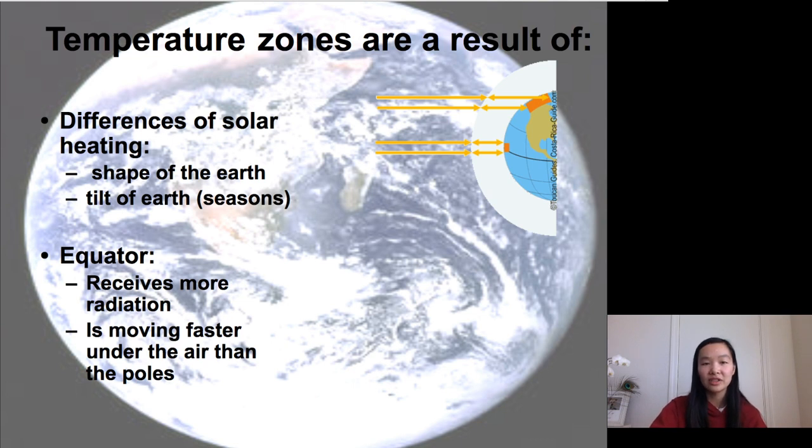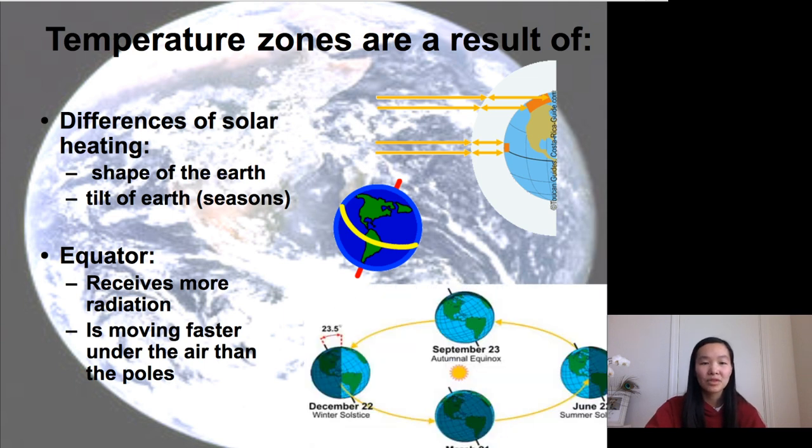So you have some uneven solar heating just due to the shape of the Earth, but additionally, you know that the Earth is tilted on an axis as it rotates and spins around the sun. This tilt is responsible for why we have seasons. So this adds even more variation in the amount of sunlight that is hitting any particular point of the Earth.